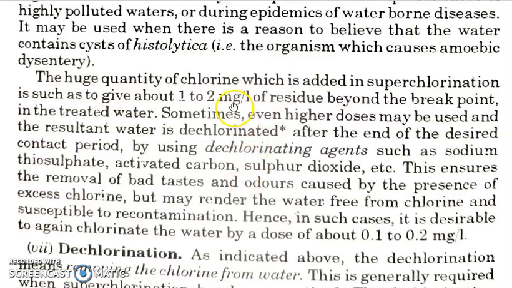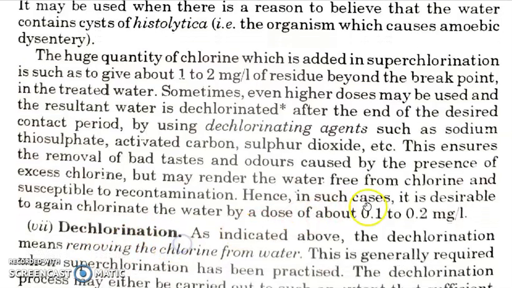So this is just a precaution to kill the microorganisms we are adding, but later on you have to remove that excess chlorine by dechlorinating agents. So you have to add some dechlorinating agent in the water, and you have to dechlorinate the water and again bring down the residual chlorine value to 0.1 to 0.2 mg per liter.